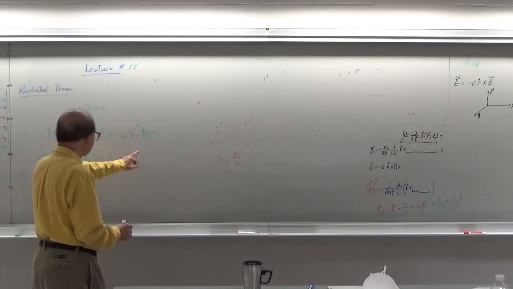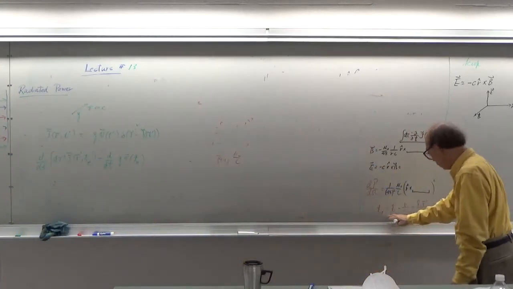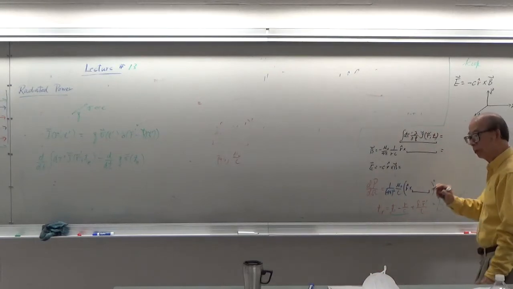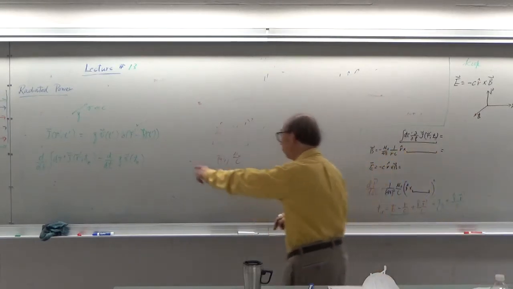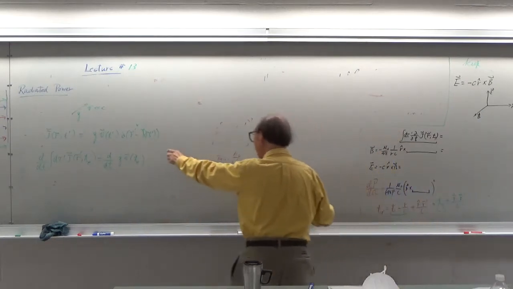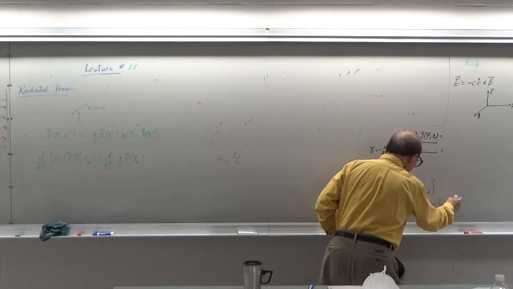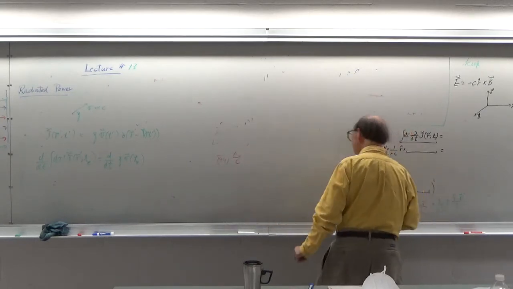And I can approximate this retarded time by the emission time because this term is small. This term for this problem is given by r hat dot big R over c.